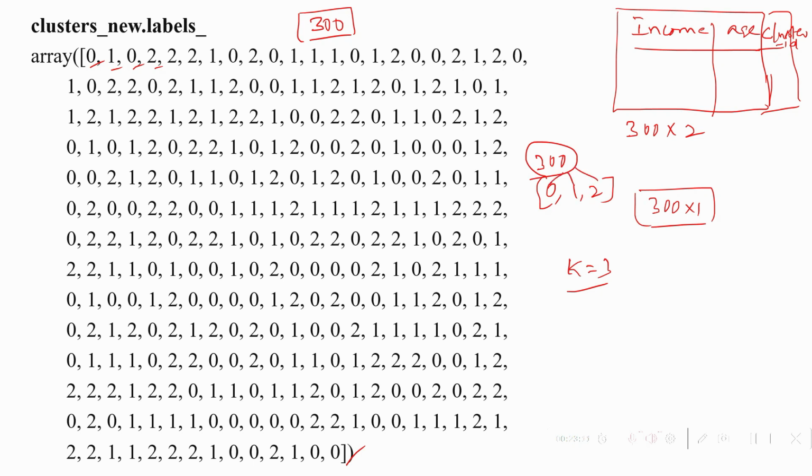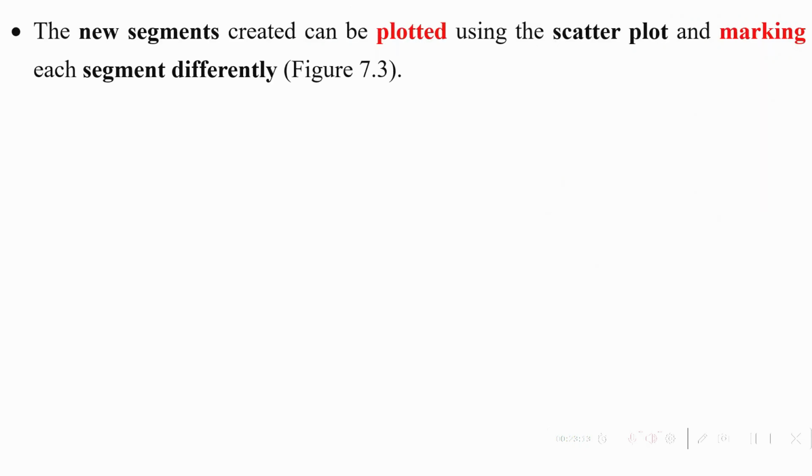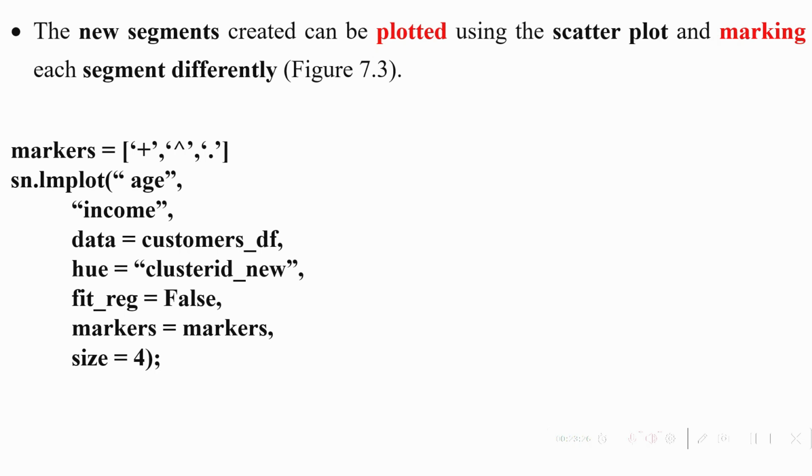like 0, 1 or 2. Then the new segments created can be plotted using a scatter plot, marking each segment differently. Here the markers are plus, cap and dot symbols. sns.lmplot, age is our first variable.